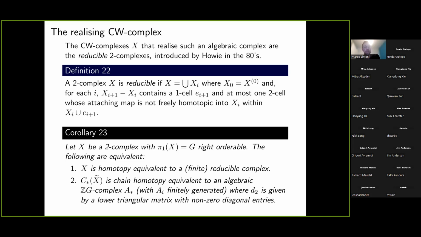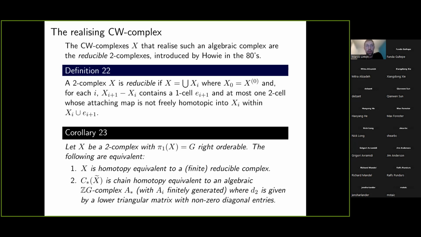If there is a chain homotopy equivalence between C star of X tilde and a ZG complex A star, where the second map D2 is given by a lower triangular matrix with these non-zero diagonal entries, then X turns out to be homotopy equivalent to a reducible complex.